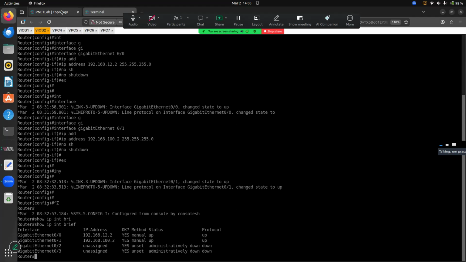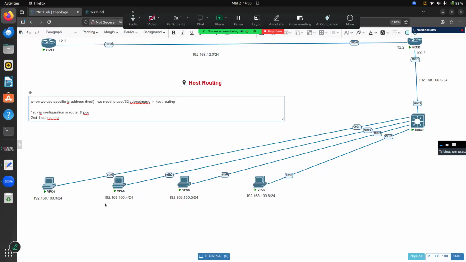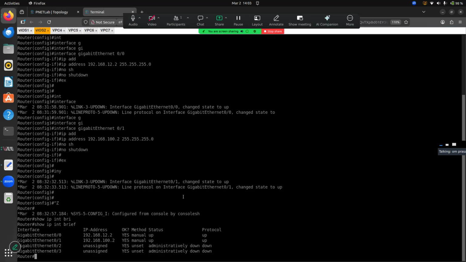Okay, I think the router is already configured. Then what do we have to configure? The PCs, whatever 100.3, 4, 5, 6. Let's do that.